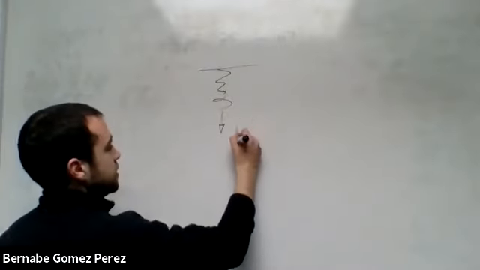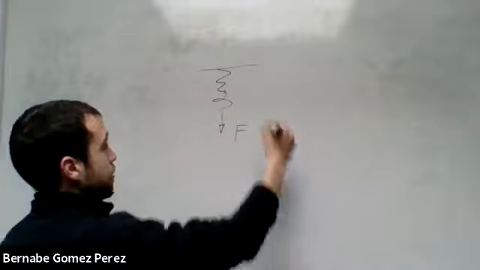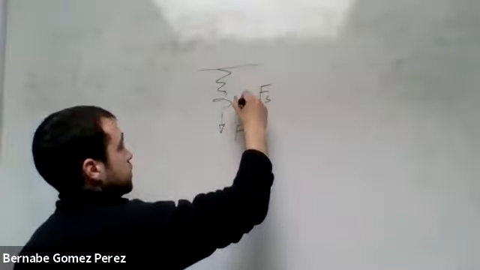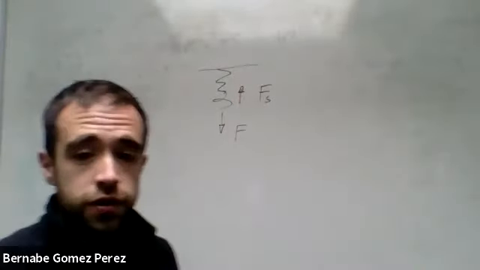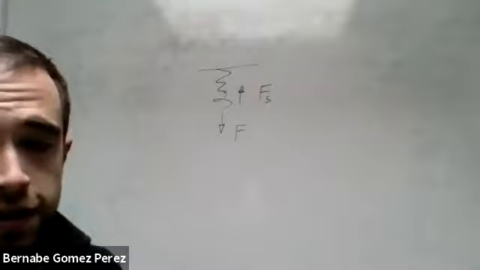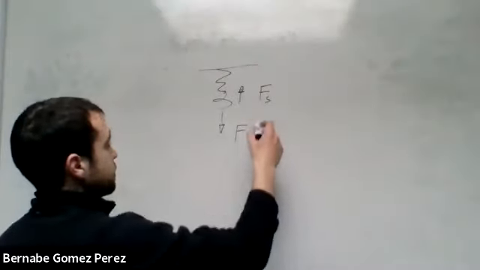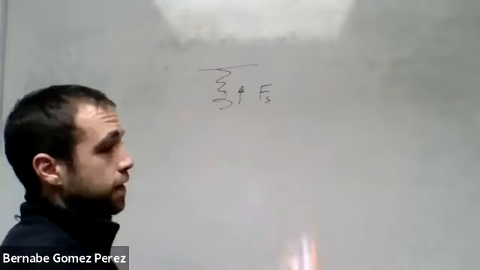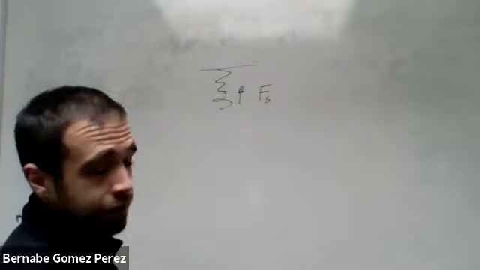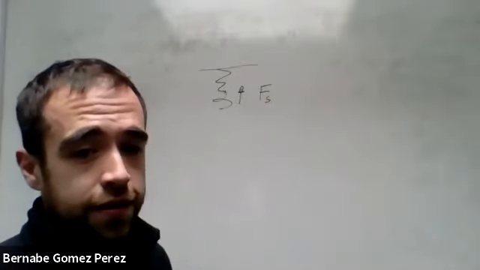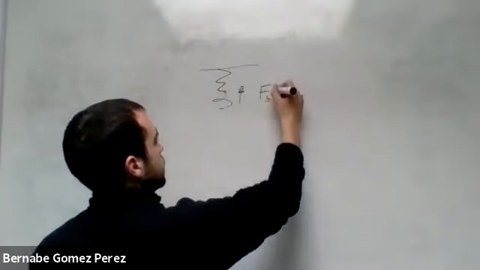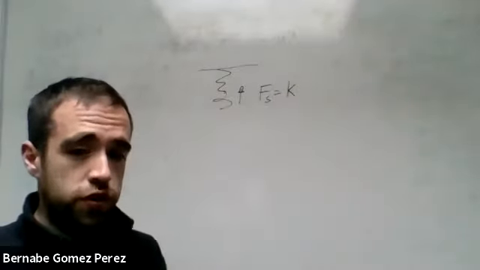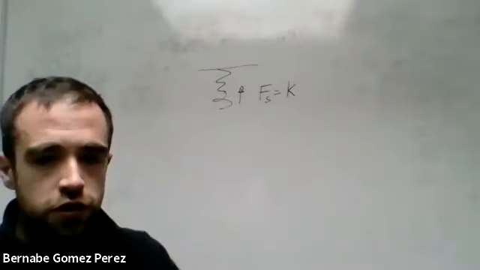So let's say I pull with this force, and we're going to call Fs the force of the spring, which is, in this case, upwards, because I'm extending it. This force is directly related to the distance that I extend or compress the spring, and is also related to the material and the section of the spring.